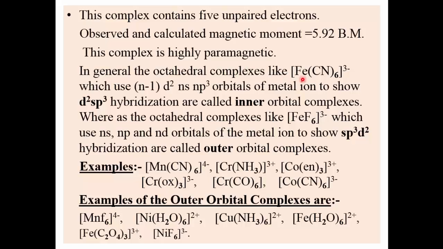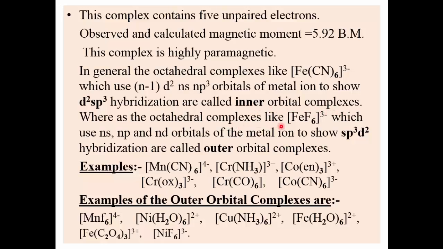In [Fe(CN)6]3- we have discussed that (n-1)d2 ns np3 orbitals are used for hybridization. n is equal to 4, so n minus 1 is 4 minus 1, that means 3d2, 4s and 4p3 orbitals are used for d2sp3 hybridization. The metals which use this type of hybridization are called inner orbital complexes.